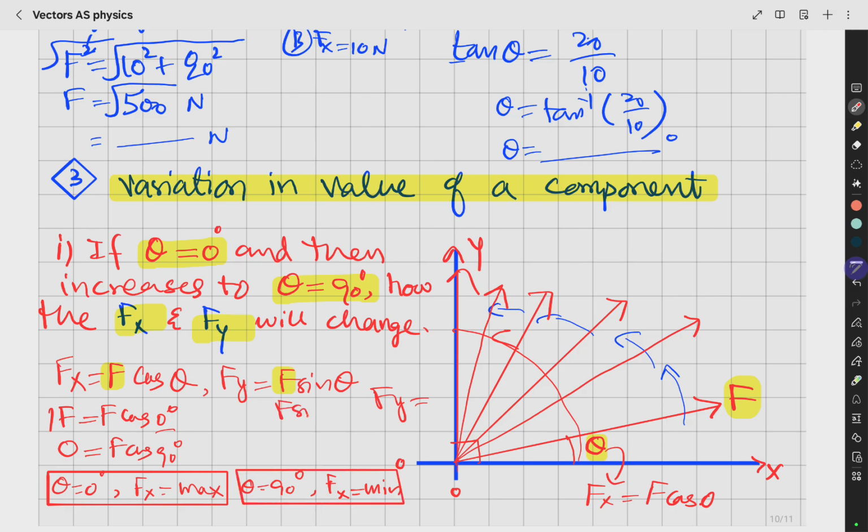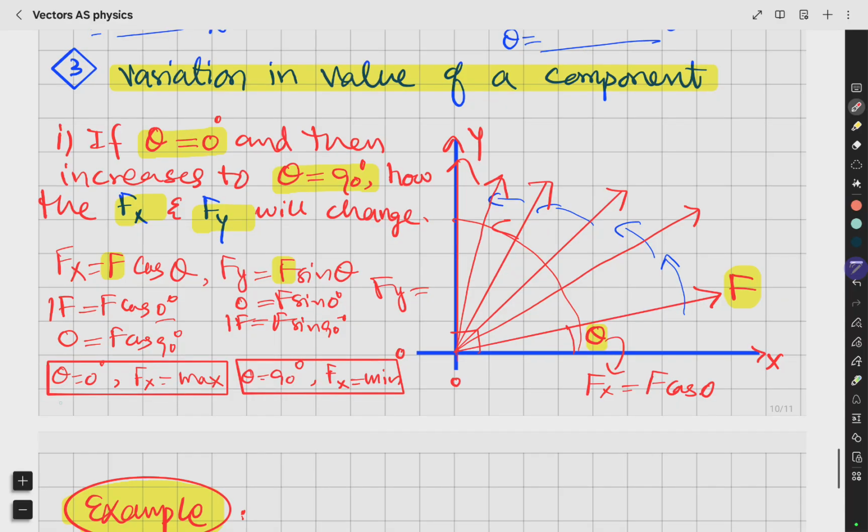F sine 0 is 0, and F sine 90 is 1, so that is 1F. So it is opposite to that. If theta is 0, then Fy is 0, and if theta is 90, then Fy is maximum. So as this vector F goes upward, the horizontal component is decreasing and the vertical component is increasing.